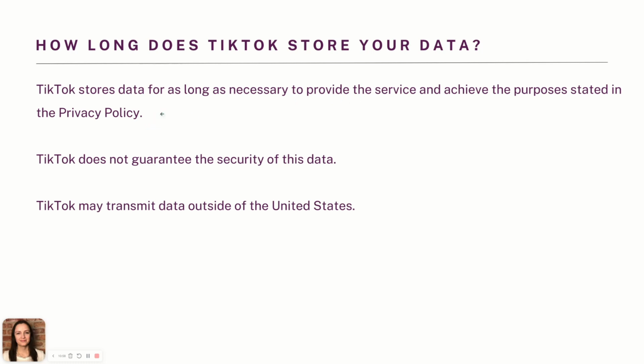And then you can also opt out of marketing or advertising emails by clicking unsubscribe on any emails as well. And then TikTok stores data for as long as it's necessary to provide the service and achieve the purposes stated in the privacy policy. So there's no specific data retention period. So that's not very helpful either.